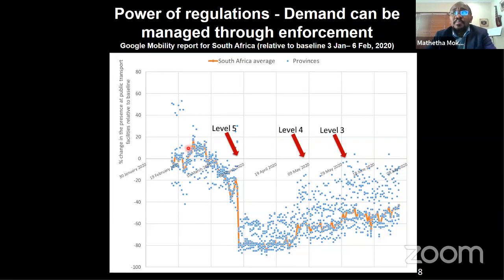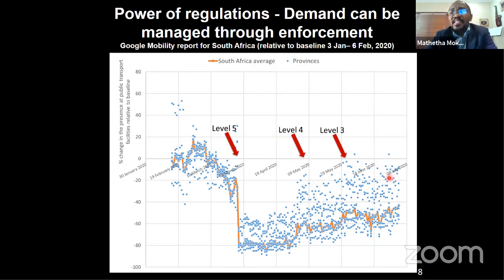You see that the demand across all provinces in South Africa has gone down quite significantly, because there was enforcement, but then over time things became a bit more variable. But things haven't picked up to what they used to be previously, even around July.